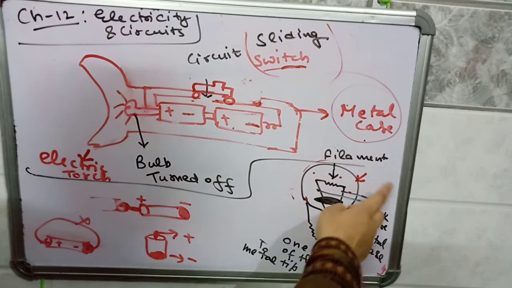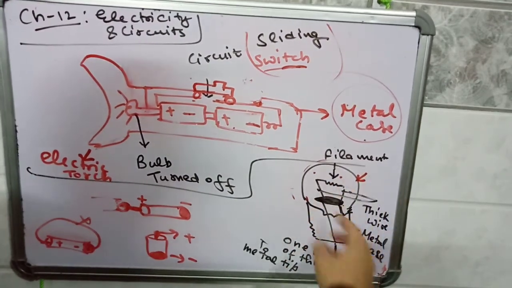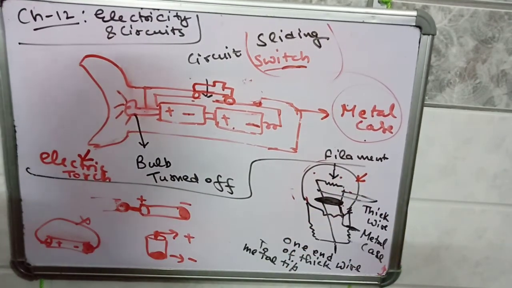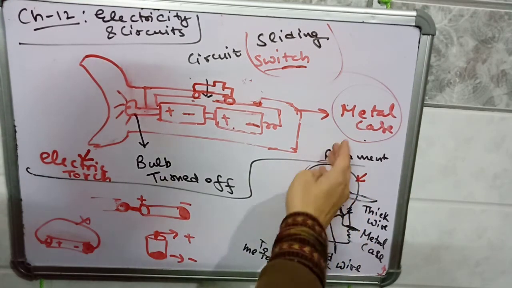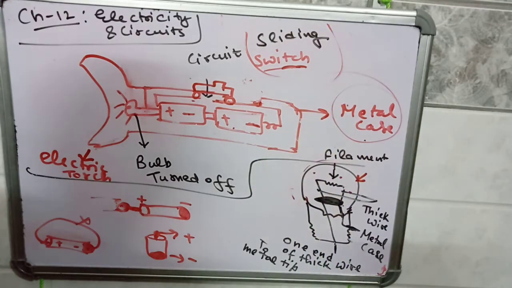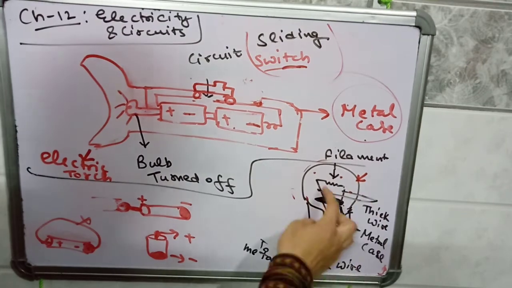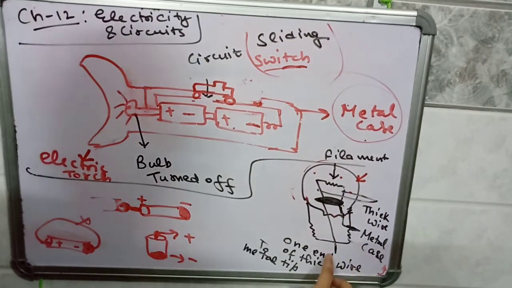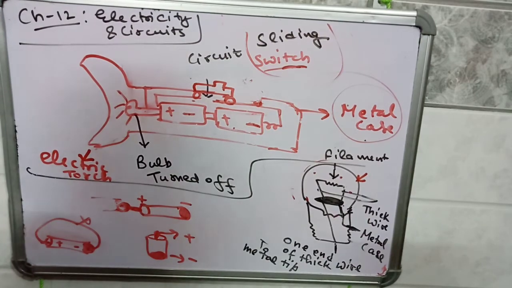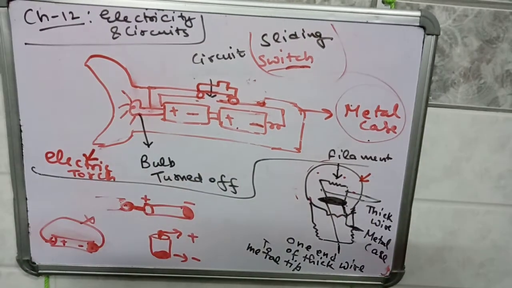If oxygen were filled in this bulb, the filament would burn itself. So when the bulb gets fused, the filament of this bulb gets broken. The filament is connected to thick wires, one end connected to the metal tip and another connected to the metal case. So this was all about the chapter electricity and circuits. Thank you.